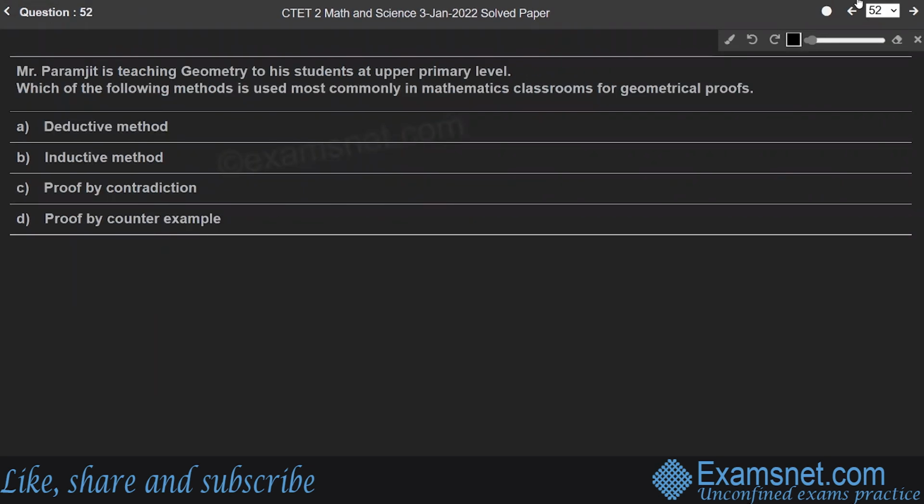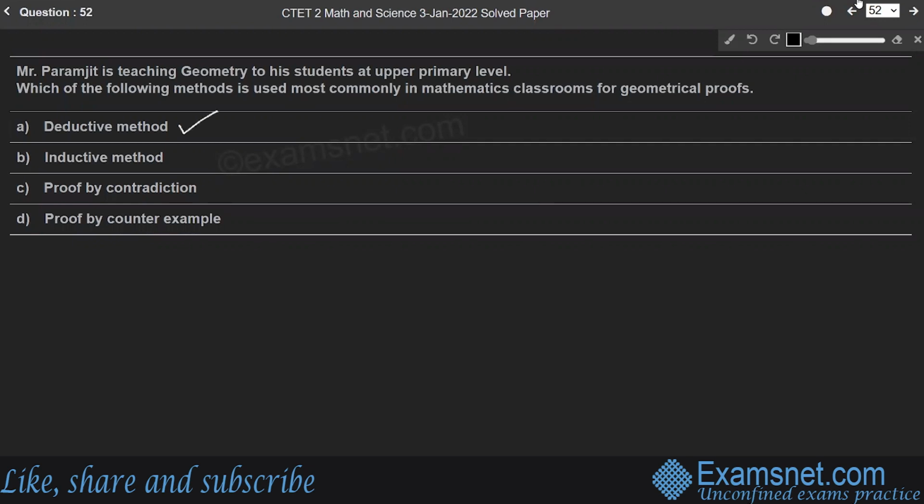Question number 52. Mr. Paramjit is teaching geometry to his students at upper primary level. Which of the following methods is used most commonly in mathematics classrooms for geometrical proofs? Deductive method, inductive method, proof by contradiction, proof by counterexample. Here the correct answer is deductive method.